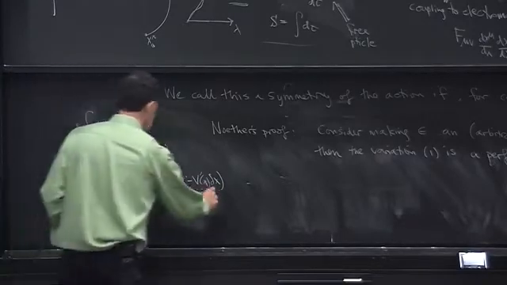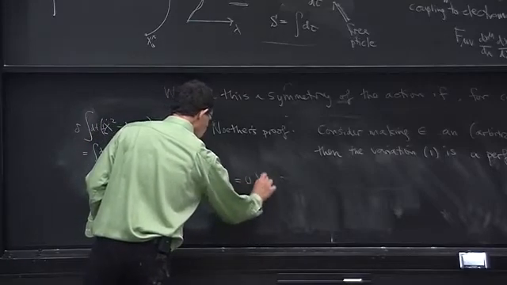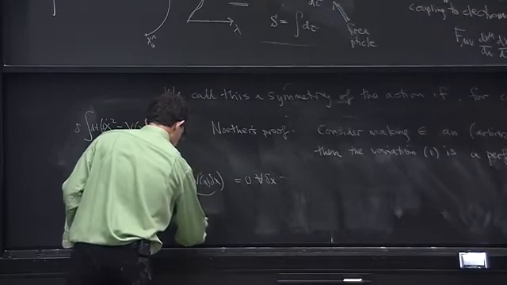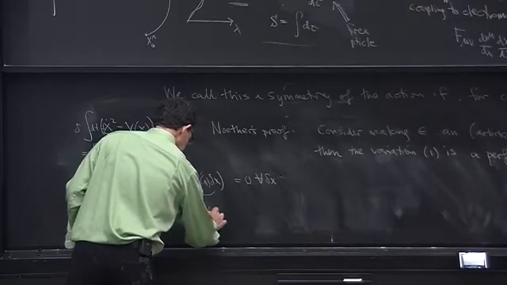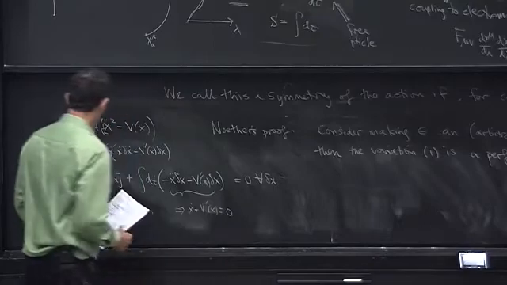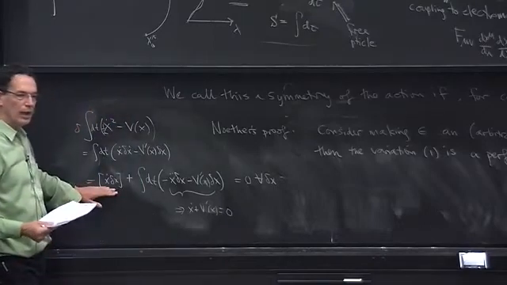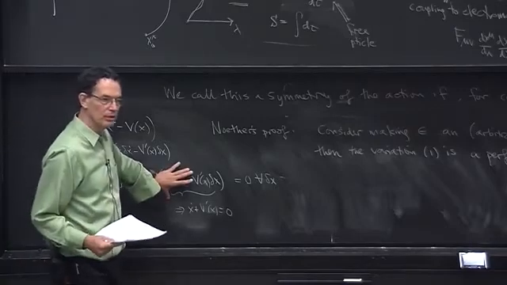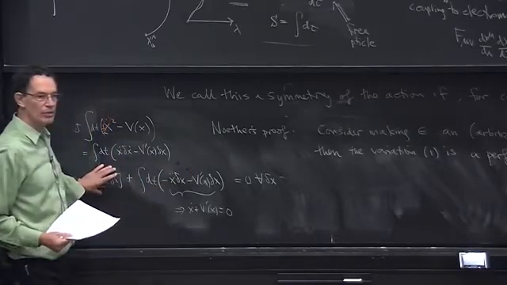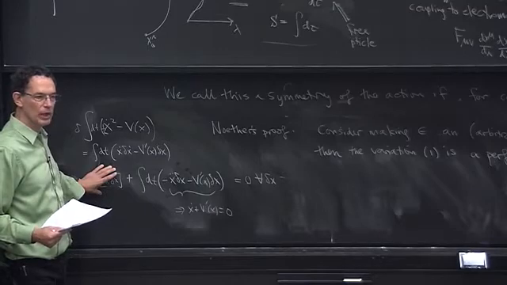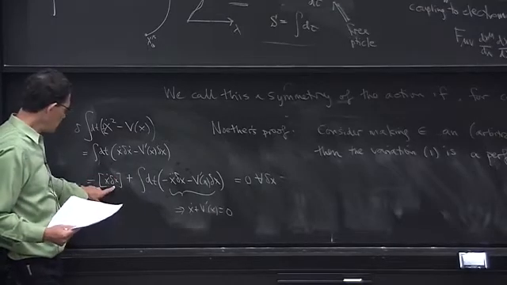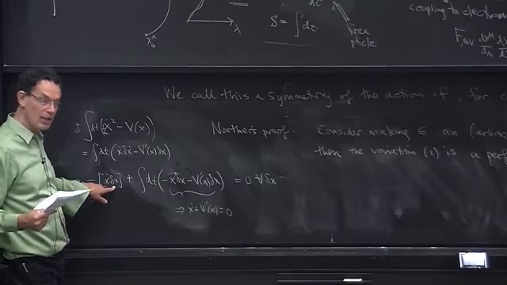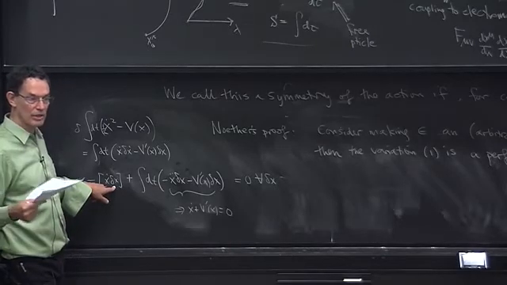Okay, and then I say this must be 0 for all delta x. This implies that x double dot plus v prime of x equals 0. So when we're deriving equations of motion, we can generally forget about surface terms. If you want to be a little bit more careful, what you say is when I define my variation, I should insist that the variation vanishes on the boundaries.